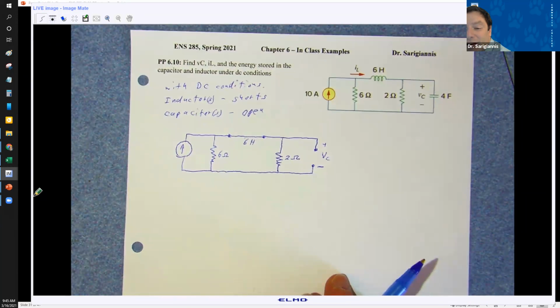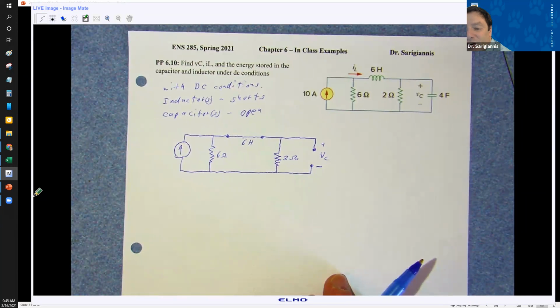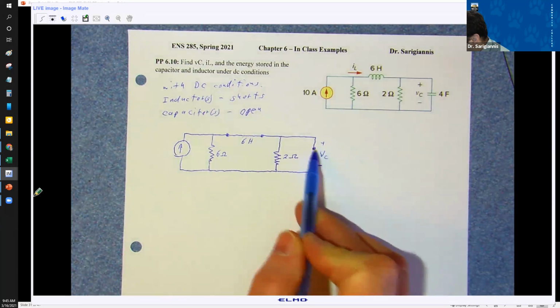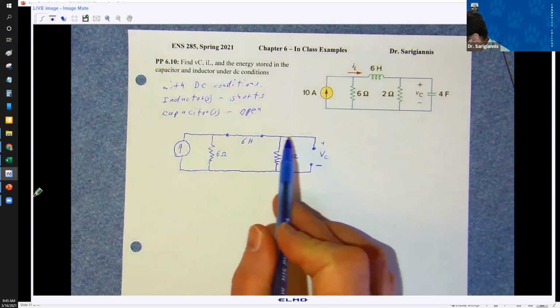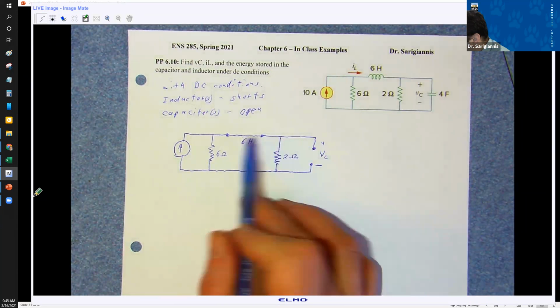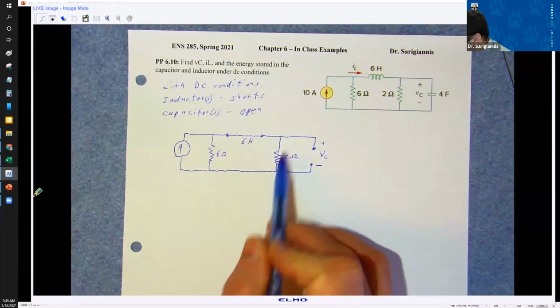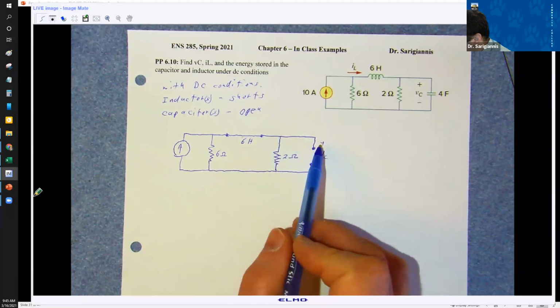A capacitor is kind of like charging up a tank. You've got two parallel plates, and a current that generates a voltage difference, a voltage drop between these two nodes.